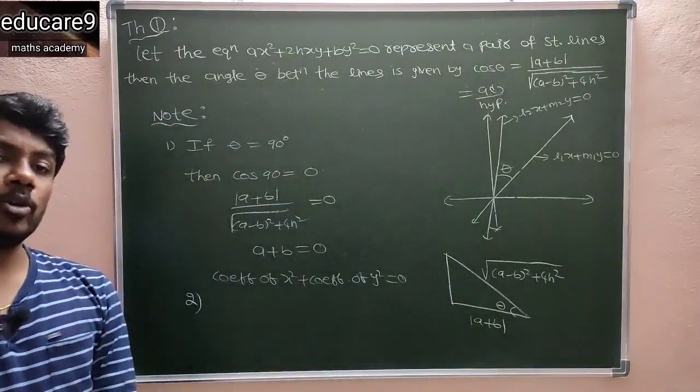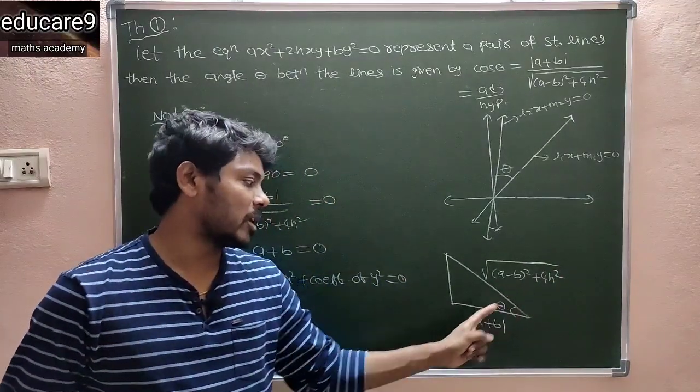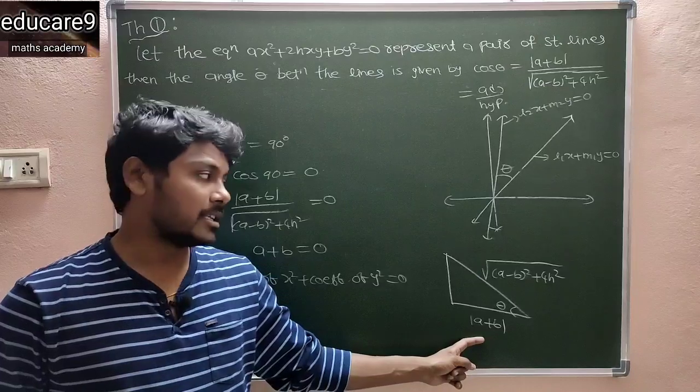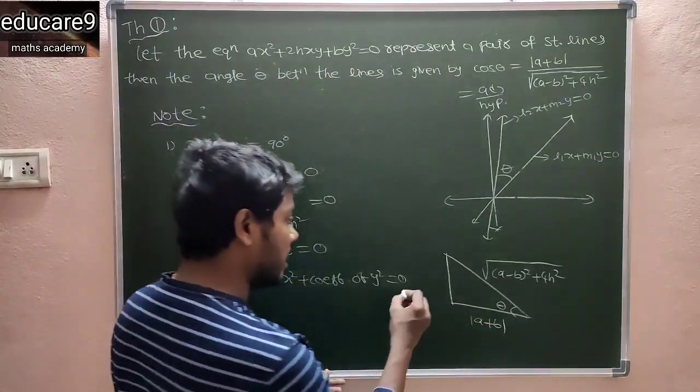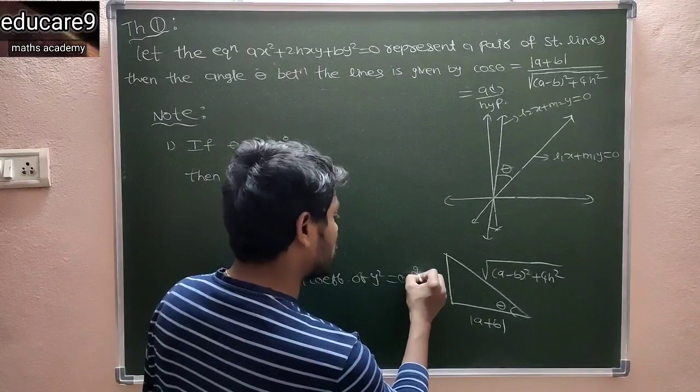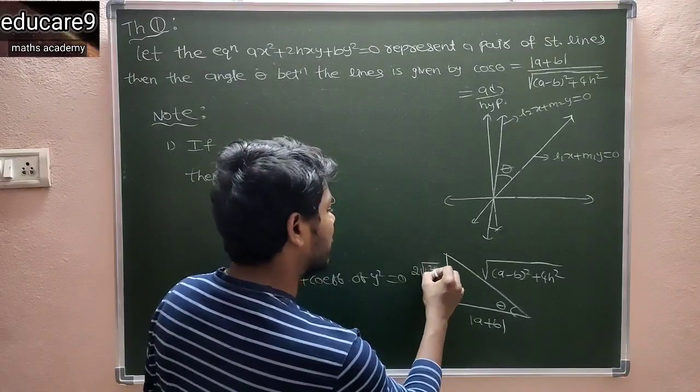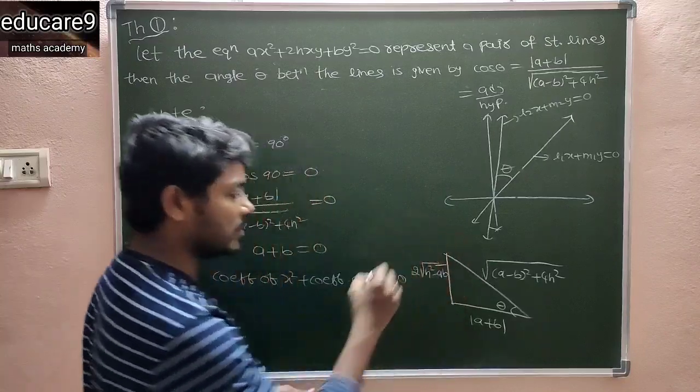Now how to find the opposite side? That is hypotenuse square minus adjacent square. Clearly we get 4h square minus 4ab, that is 2 times square root of h square minus ab.